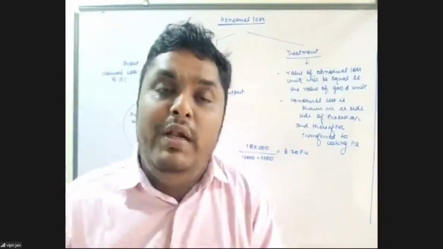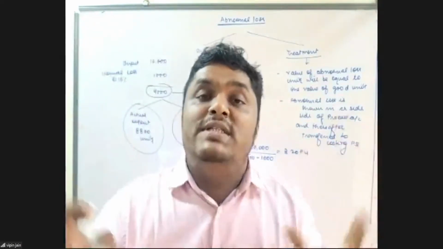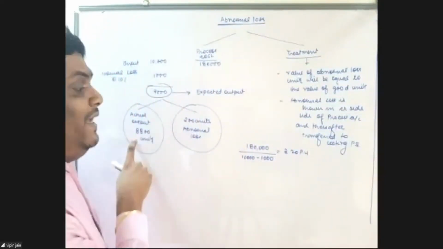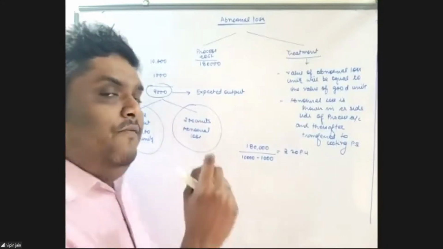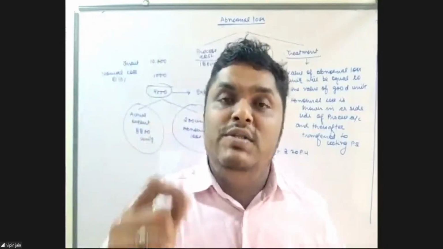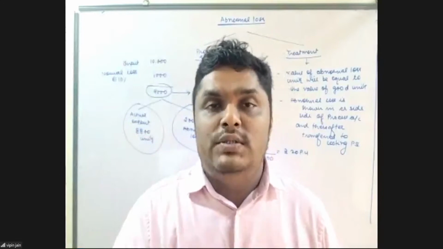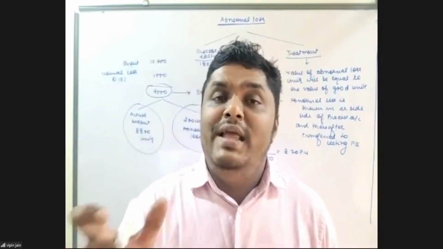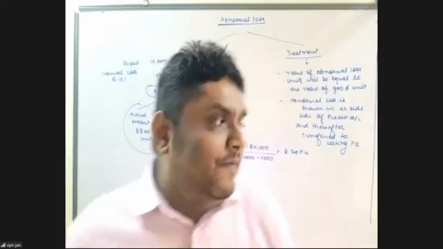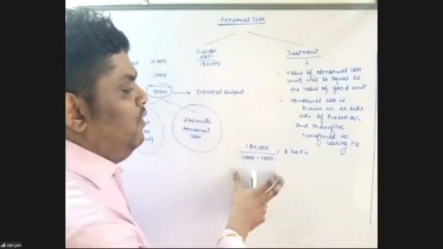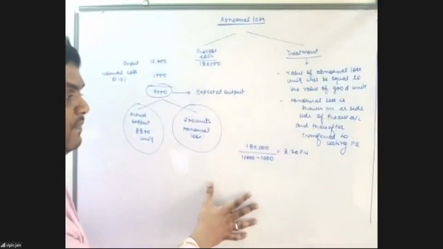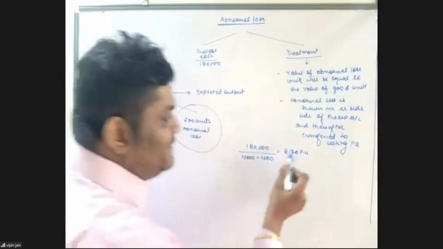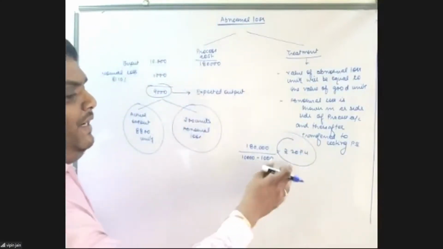Again, guys, very important, abnormal loss की वजह से product cost inflate नहीं होगा. 1,80,000 divided by 8,800 नहीं करेंगे. We will deduct only 1,000, that is 10,000 minus 1,000, 9,000. We will not consider 8,800 as our output. We will consider only 9,000 as our output. So the product cost will not be inflated because of abnormal loss. So this is how we will calculate the cost per unit, that is 20 per unit.